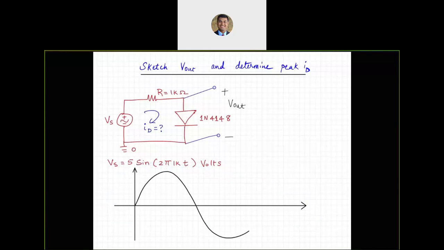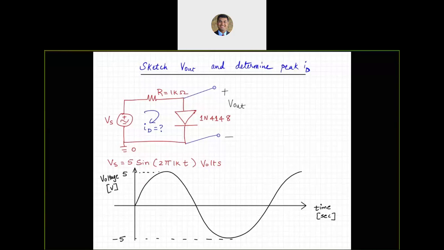So let's say I have that. Essentially, what I'm saying is the peak over here is 5, and the trough over here corresponds to negative 5 volts. On the y-axis, I have voltage in volts, and on the x-axis, I have time in seconds, for example.